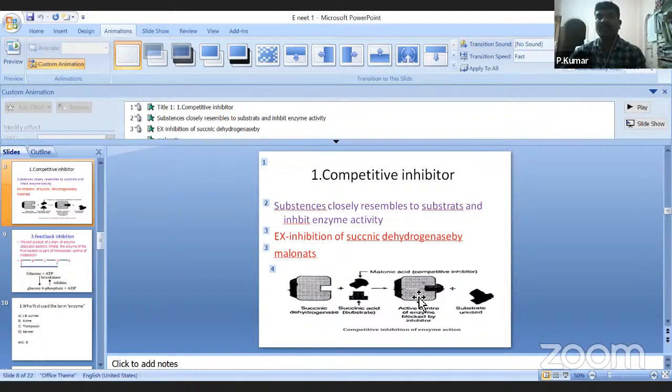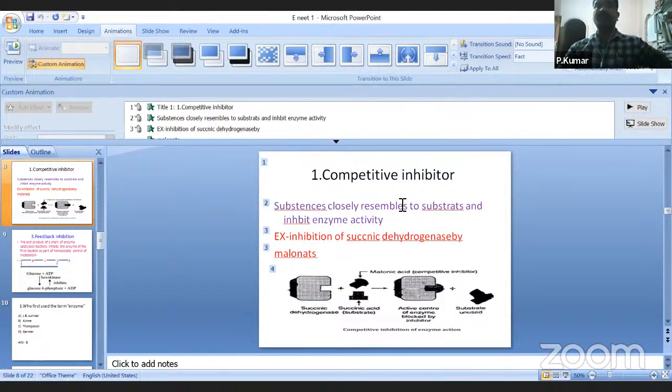You can see the enzyme and substrate complex is formed, but the malonate cannot be converted into products. Both are similar, so that's why these are called competitive inhibitors.